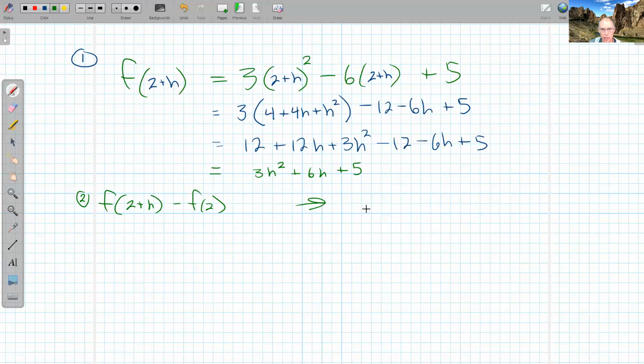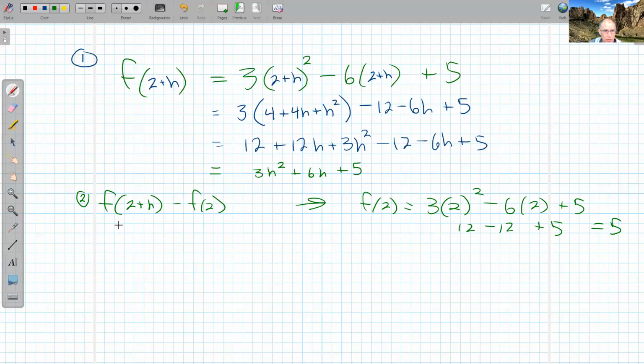So let's just see what is f of 2. So f of 2 is 3 times 2 squared minus 6 times 2 plus 5. Let's see, 3 times 2 squared is what? 12 minus 12 plus 5. It looks like it's just 5.